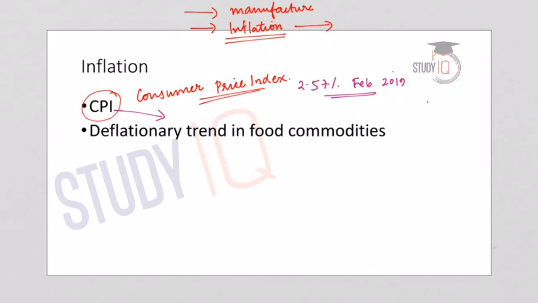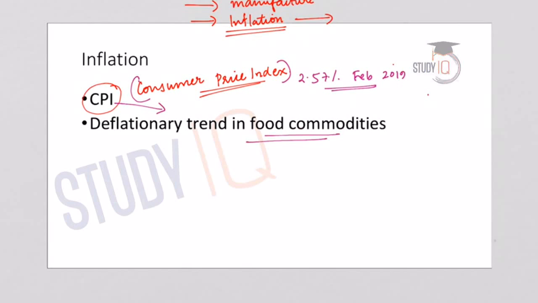In the case of food commodities, there is a persistent deflationary trend. So we can say that generally the Consumer Price Index has accelerated in February 2019, but in the case of food commodities alone, or agri-inflation, the picture is different. Inflation or increase in the price of food commodities is called agri-inflation. So with regard to agri-inflation, what has happened?